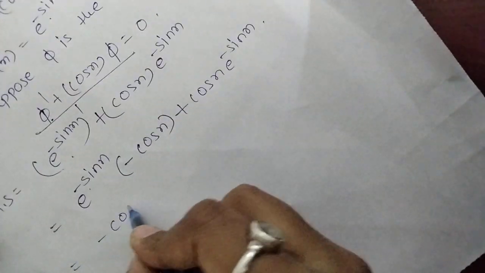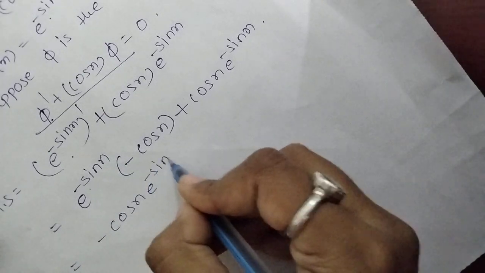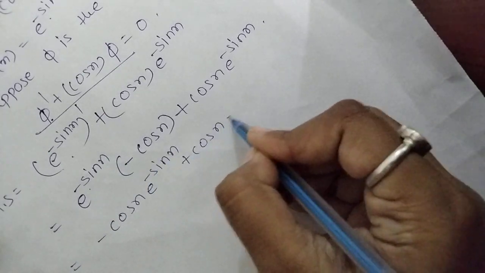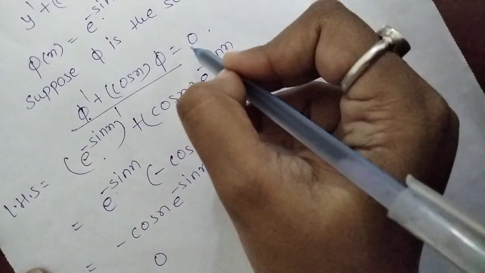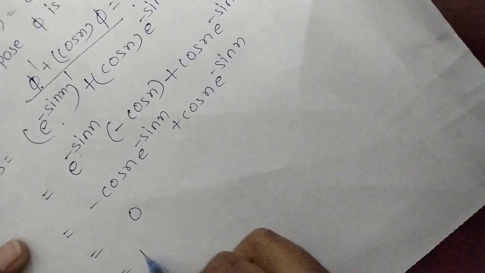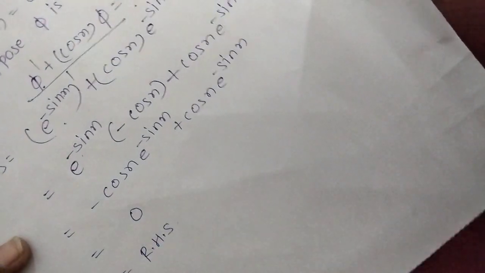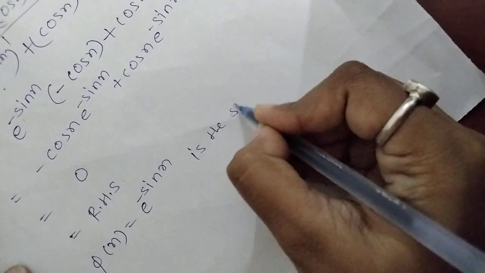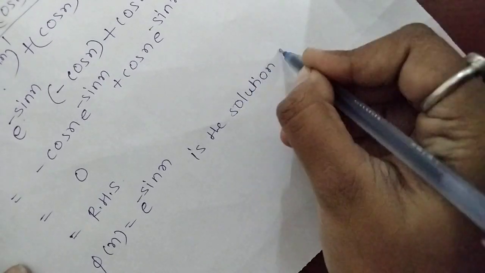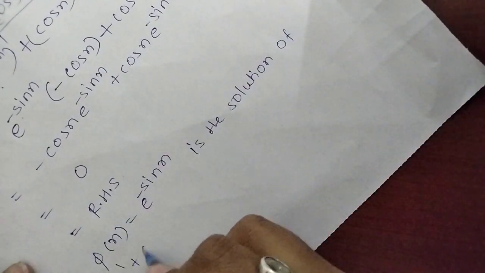So minus cos x e raised to minus sin x plus cos x e raised to minus sin x get cancelled, we get 0, and 0 is the right hand side of this equation. So LHS is equal to RHS. So phi of x is equal to e raised to minus sin x is the solution of the given differential equation y dash plus cos x into y is equal to 0.